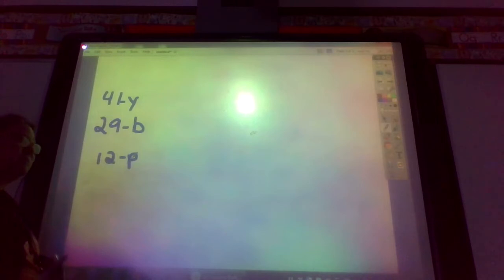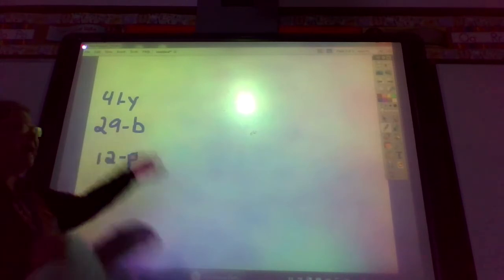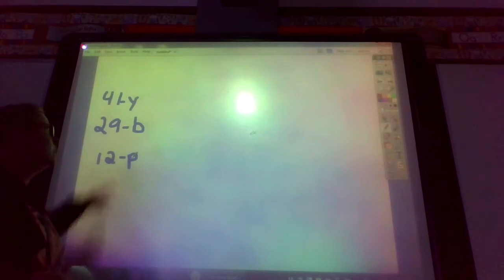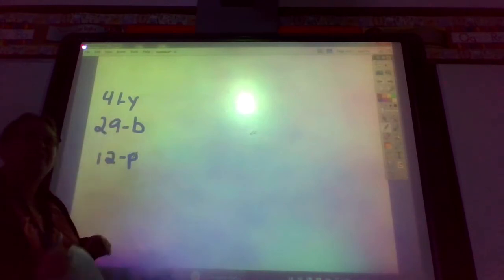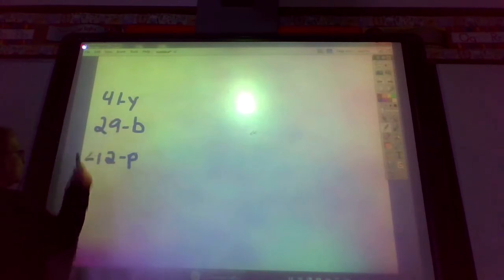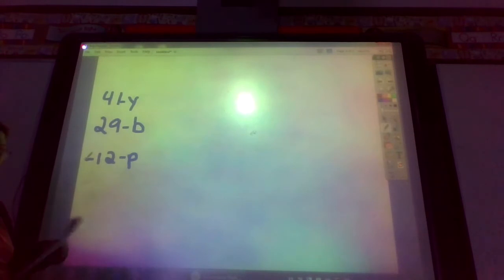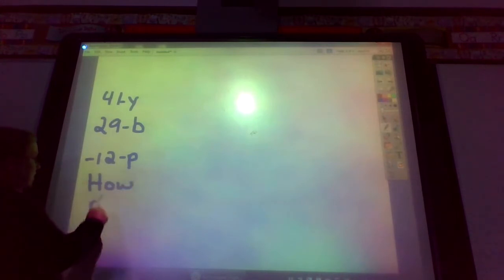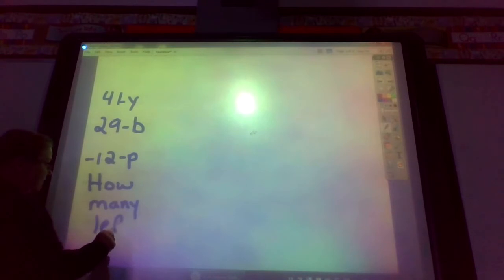Now, if she threw them away, are we going to add them to this amount, or are we going to subtract them from this amount? We're going to subtract. So we're going to take away those 12 pencils. Okay? And they want to know how many pencils are left. How many left? That's what they're wanting to know.